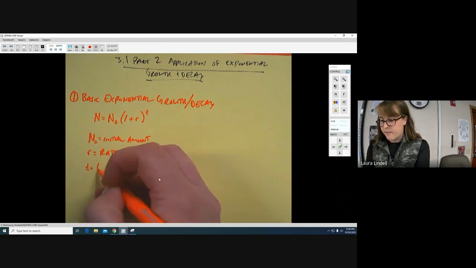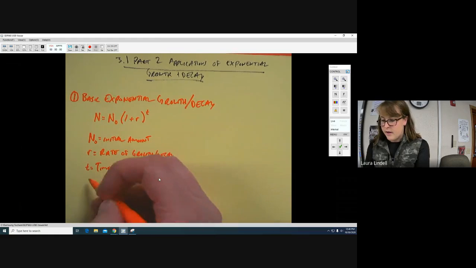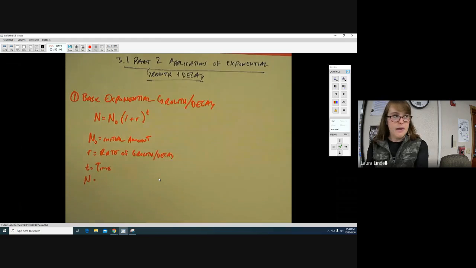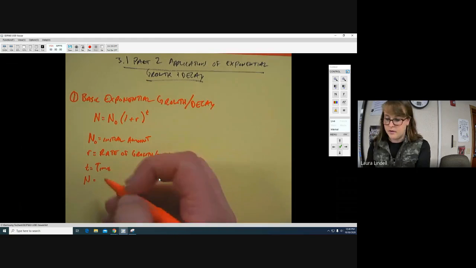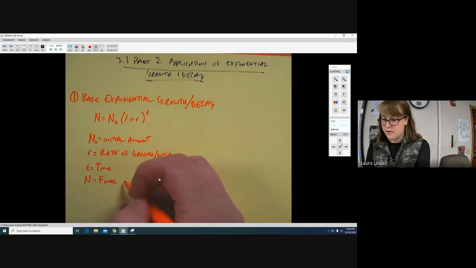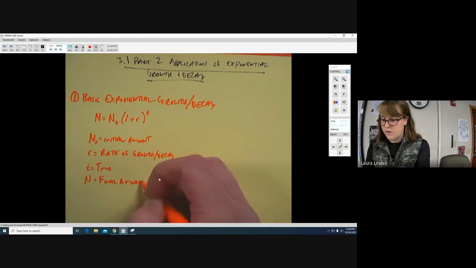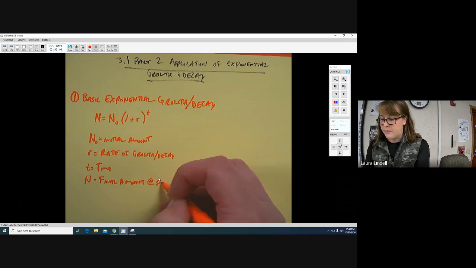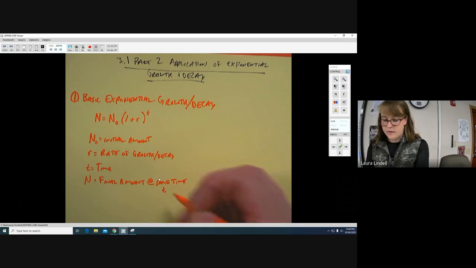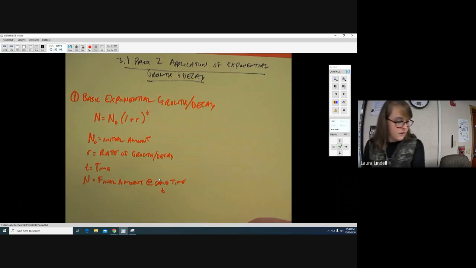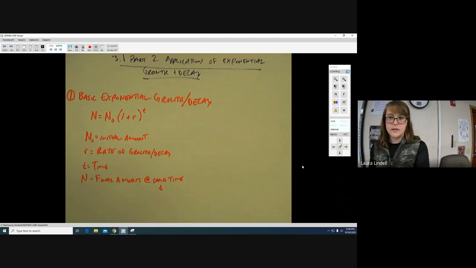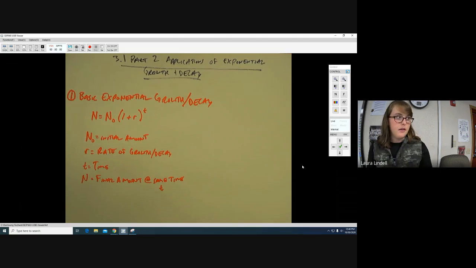T is time. And N is your ending amount, or your final amount, at some time t. Okay, so that's your basic exponential growth and decay equation.